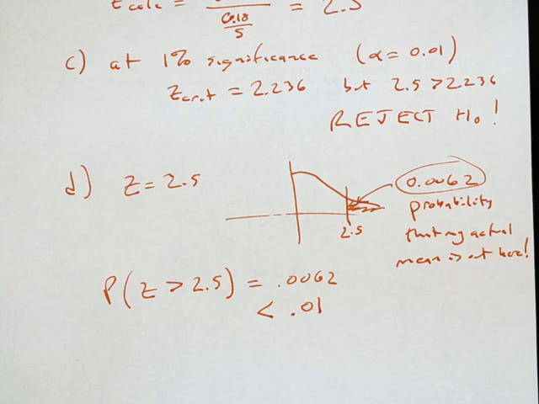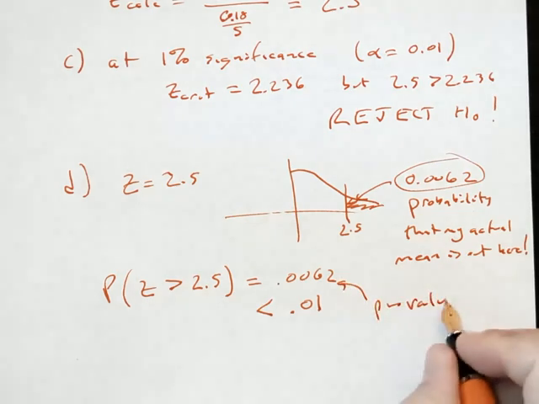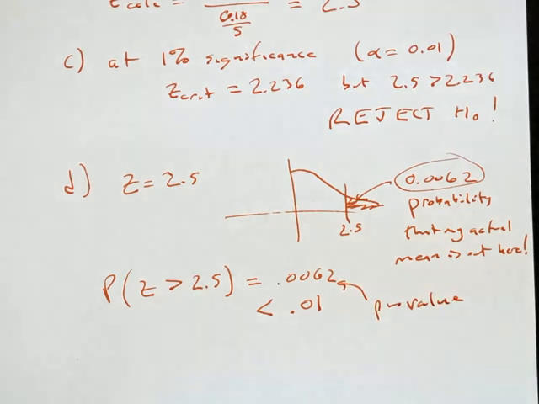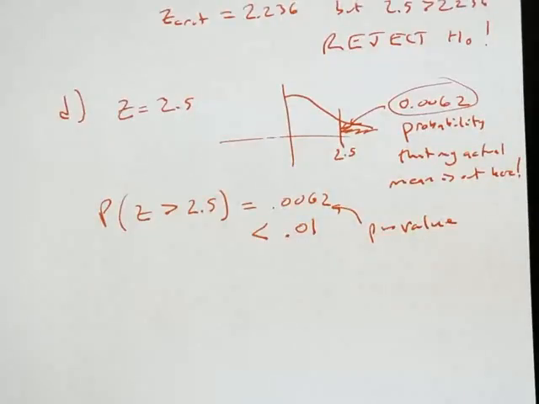I'm going to call this a p-value. And that's related to my significance. If the p-value I get is smaller than my significance level, then I reject.